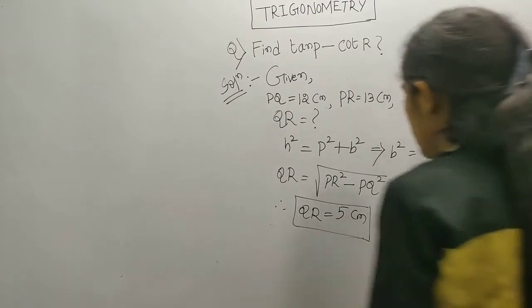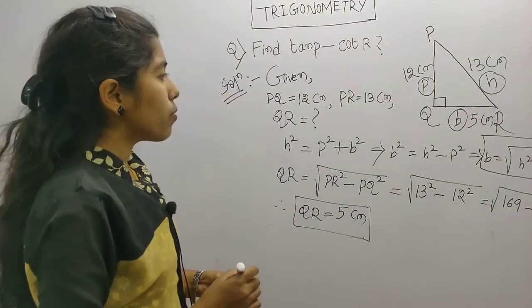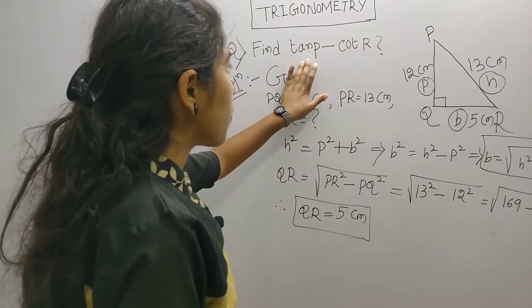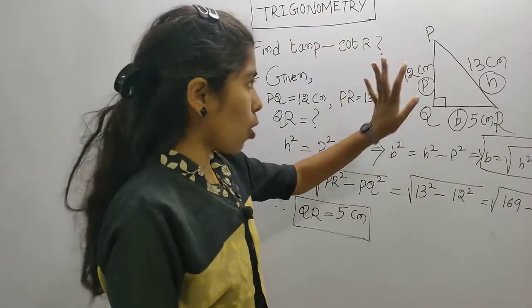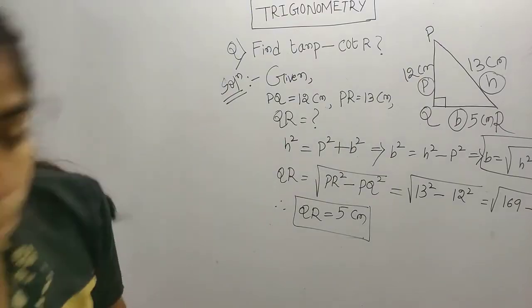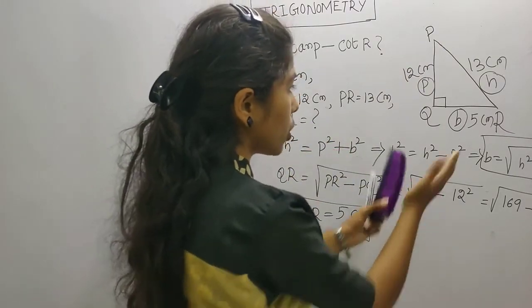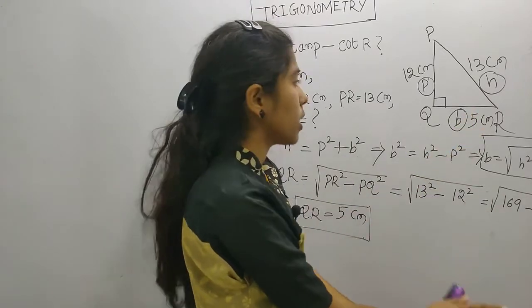Over. Next. Now our question is, we have to find tan P, then we have to find cot R. So let's go slowly, step by step. First we have completed the triangle part.